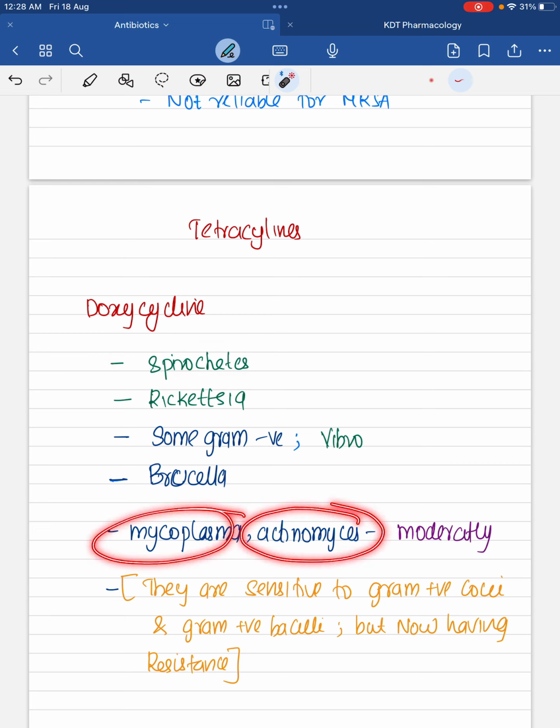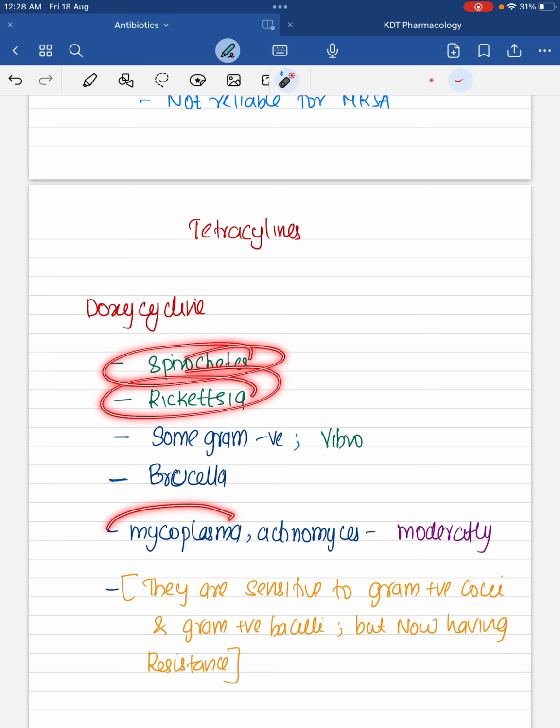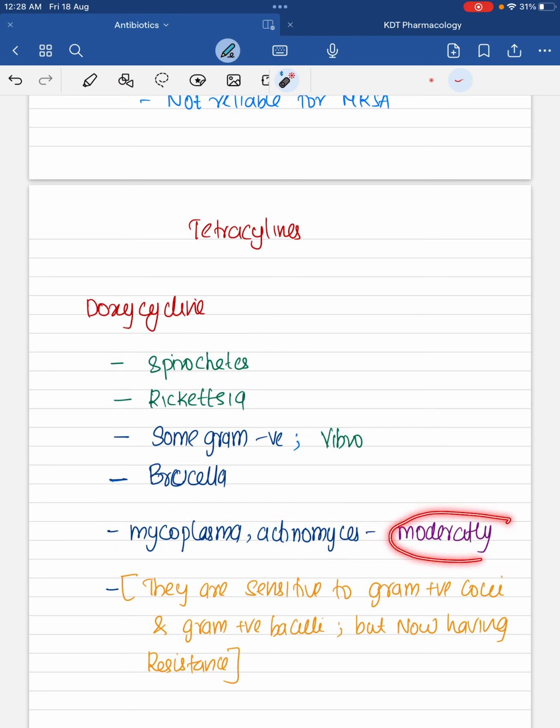Sorry, not atypical, the other groups: the spirochetes, rickettsia, and the atypical bacteria like Mycoplasma, Actinomyces, but they are moderately active, moderate action only. But spirochetes and rickettsia are highly susceptible to doxycycline.